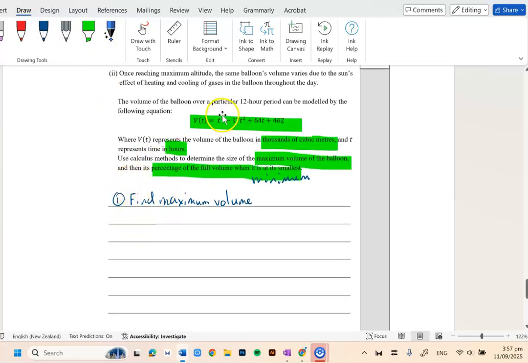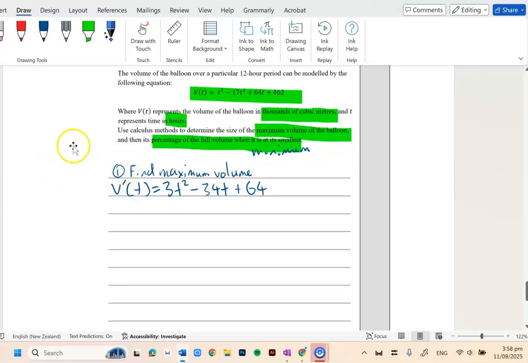So, as usual, first thing we're going to do is differentiate it. So v dash of t equals 3t squared minus 17 times 2, that's 34t, plus 64, and that 462 goes away. And then what we do, make it equal to 0.